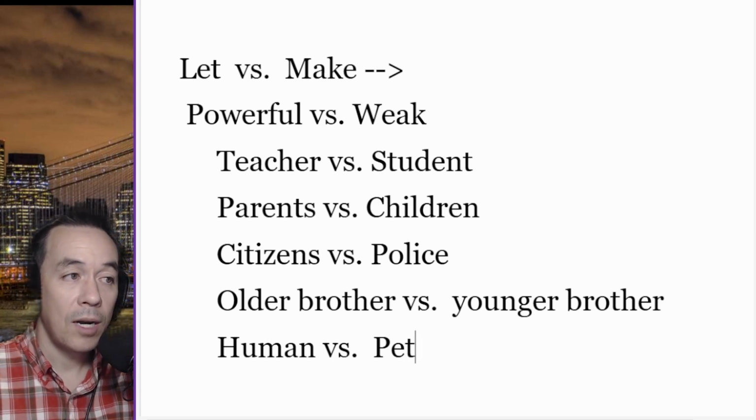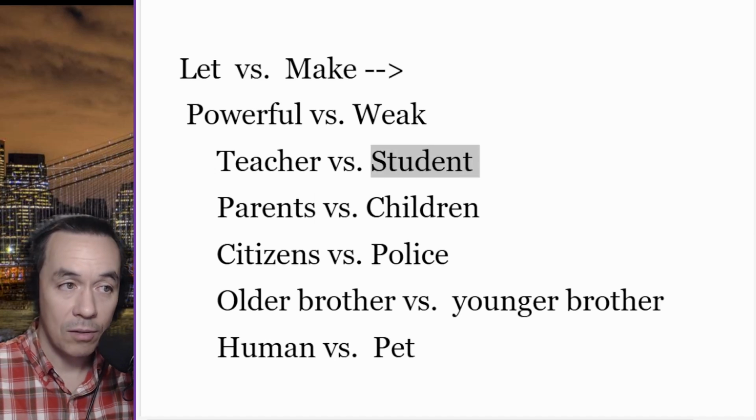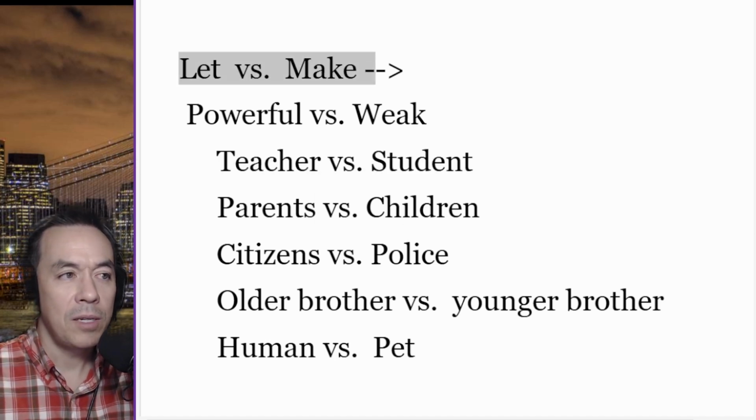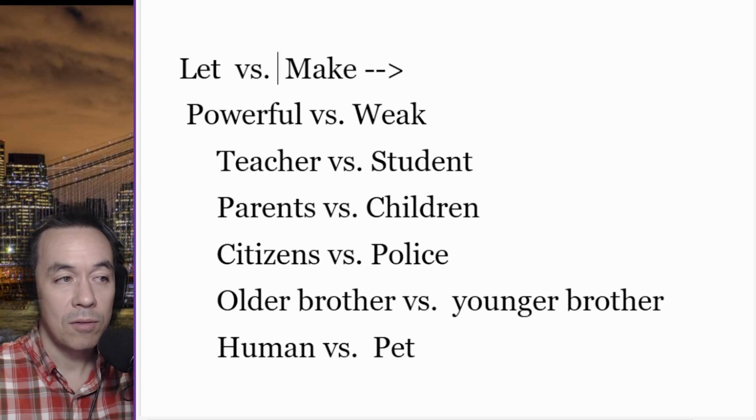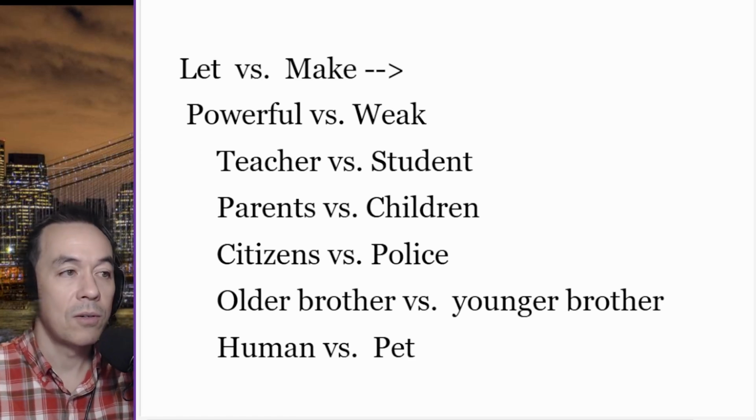So one character has more power than another character, and then in between is either this word let or the word make, and then of course the main verb you're trying to communicate.